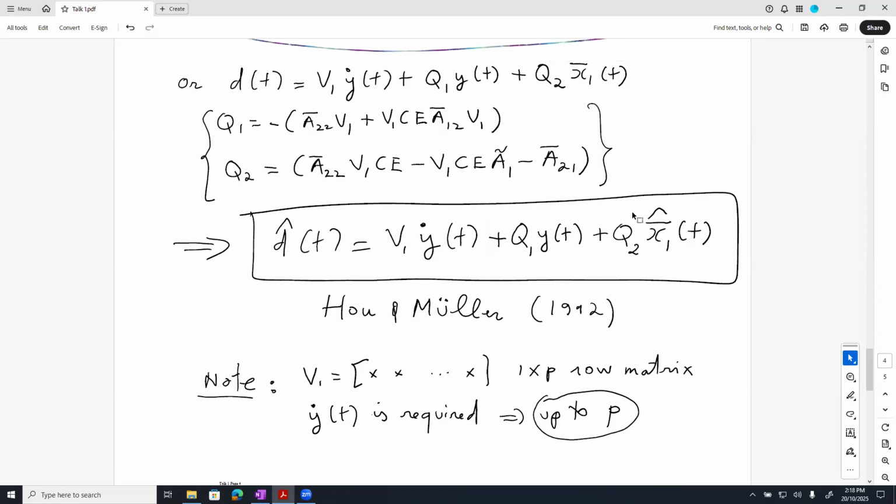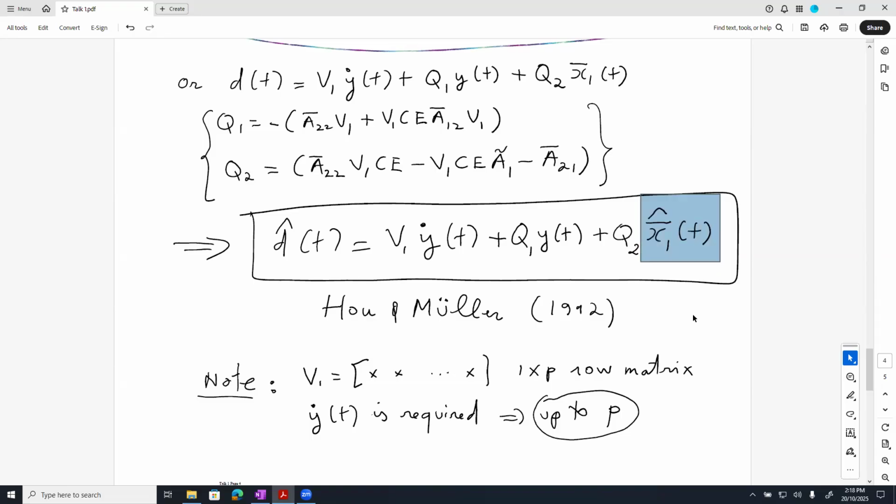And the other thing is, according to Hou and Muller, the way to estimate the unknown input is based on the design of a reduced order n minus p observer. Now that was done way back in 1992.